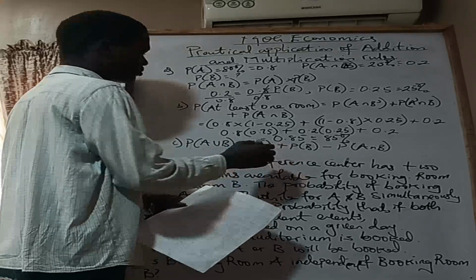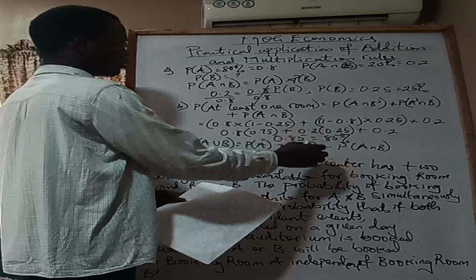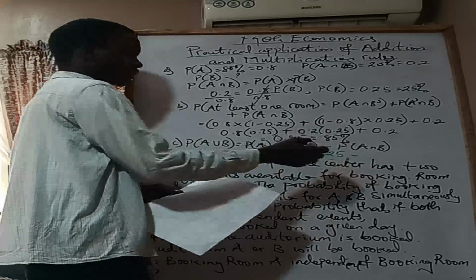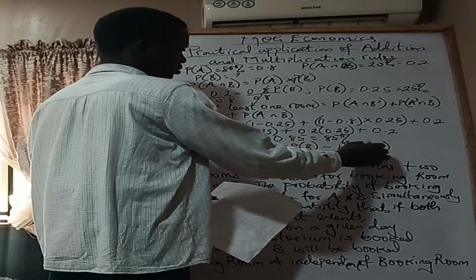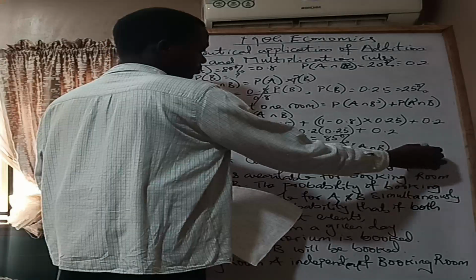Probability of booking A is 0.8, probability of booking B is 0.25, and probability of booking the two of them is 0.2. So 0.8 plus 0.25 minus 0.2 still gives us 0.85.